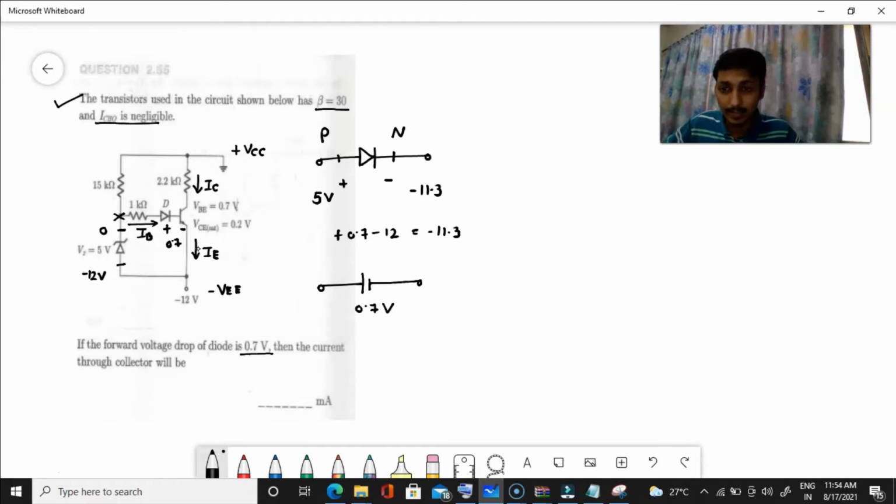So I will make the simplified version of the diagram here itself.